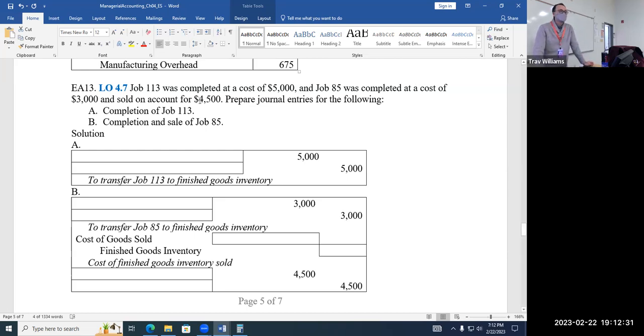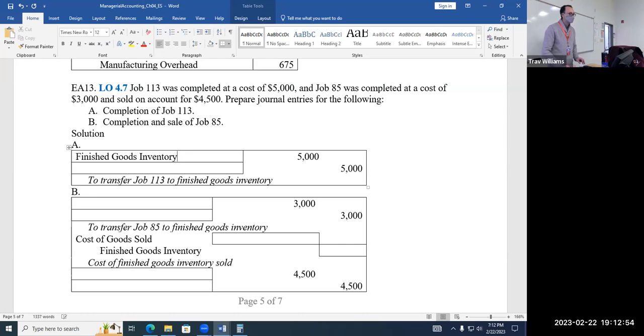Now, a lot of times, if you look at the notes in the journal entry, it kind of gives you a hint. So we're transferring this job to finished goods inventory, which makes sense, right? If it's finished, we would transfer it to finished goods inventory.